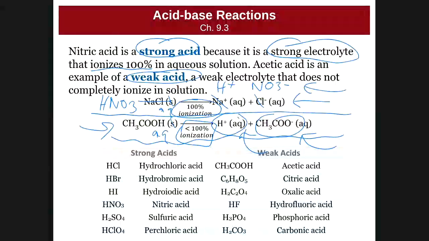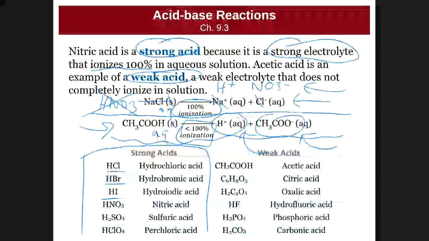There will be no nitric acid technically left in the solution. All right, so what do you need to remember? What are strong acids and what are weak acids? The only strong acids you need to remember, the only strong acids that exist, in fact, are your halogens, except for fluorine.